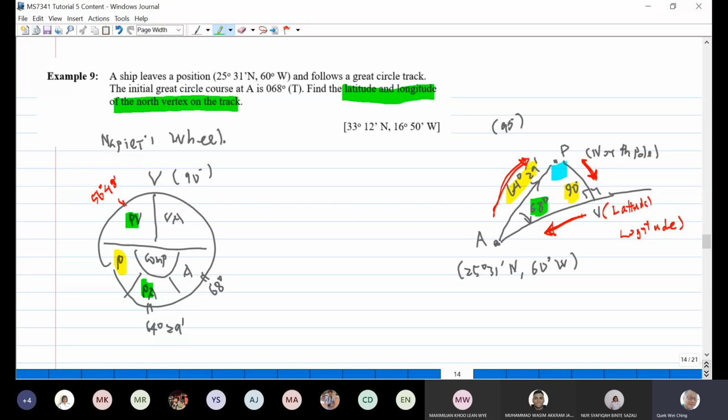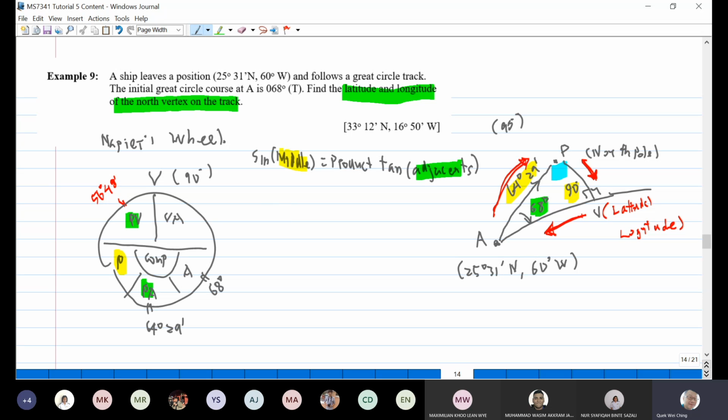So I use Napier's rule now, this time another Napier's rule: sine of the middle part is the product of the tangent of the adjacent parts. The middle part is the yellow one, and the adjacent ones I mark in green.